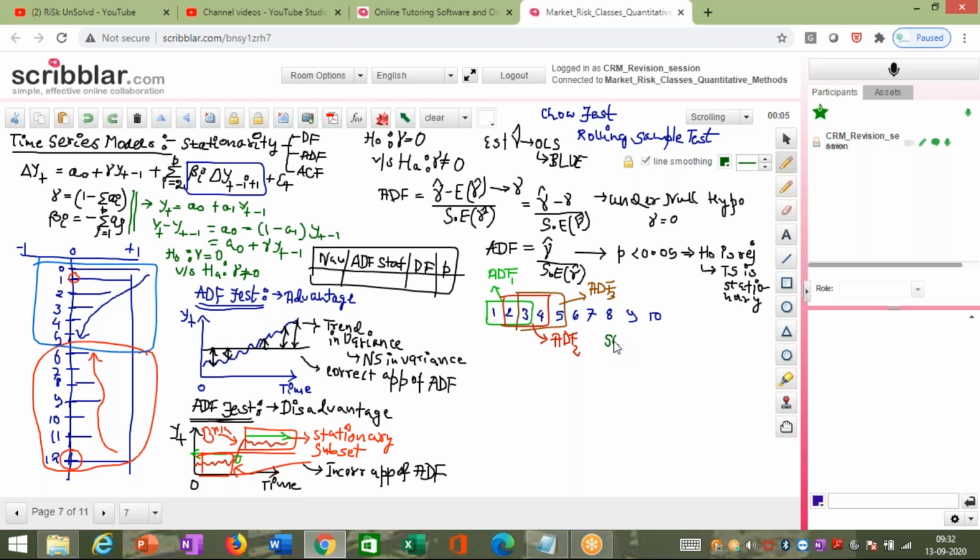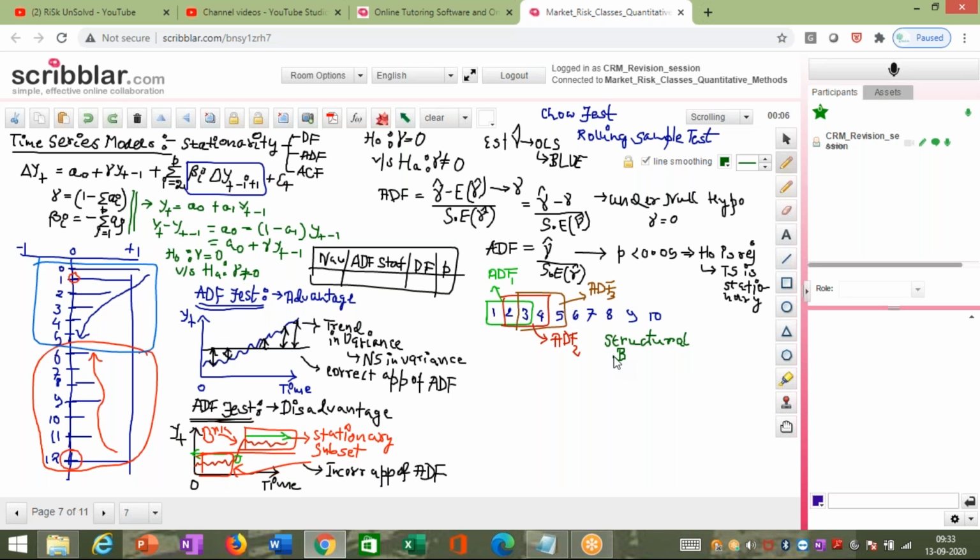Intuitively, we had seen that in the presence of a structural break, the augmented Dickey Fuller test can end up providing a misleading conclusion about the stationarity of the time series. Right.